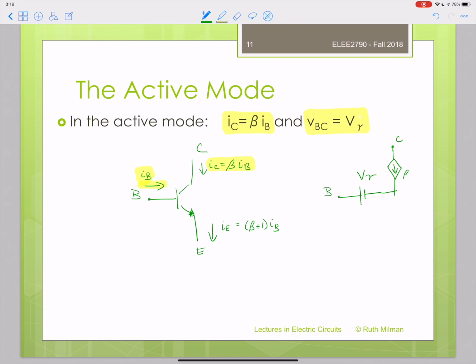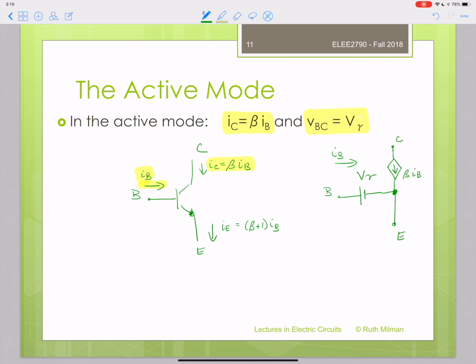That dependent current source has a current going through it of beta times IB, where IB is the current in your base. And of course, there's one node there, and the emitter goes down below. Notice there's no voltage across your emitter from that middle node. The two places where you have voltage are in your dependent current source and in your battery. And this is the model for what happens in the active mode.